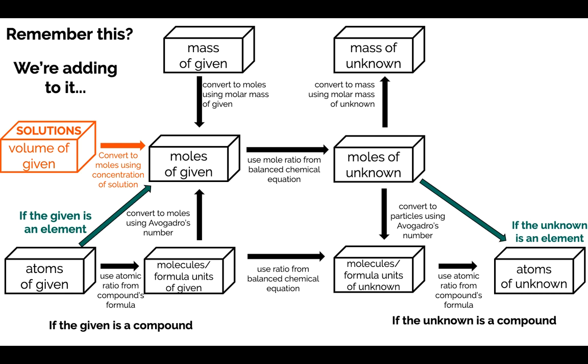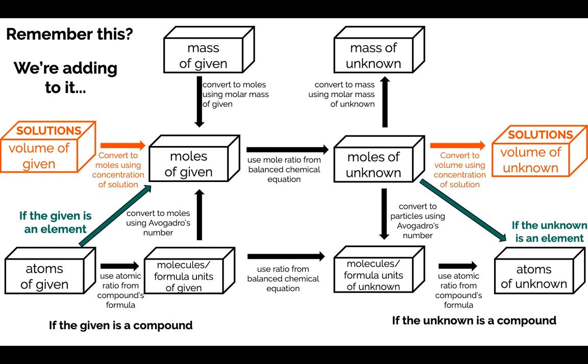So then you might be asked for the volume of some other solution involved in the reaction. So you're going to use the mole ratio to go from moles of given to moles of unknown, just like we've done in all our other stoichiometry questions. So then you're asked for the volume of an unknown. Well, you know the moles. You'll be given the concentration in the question, so you can convert to volume using the concentration of the solution.